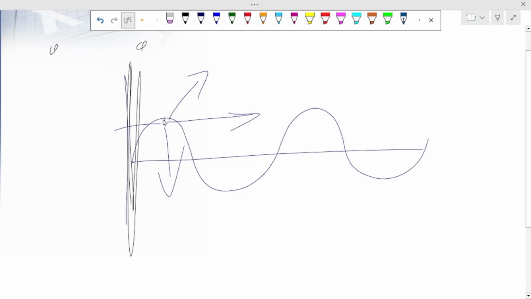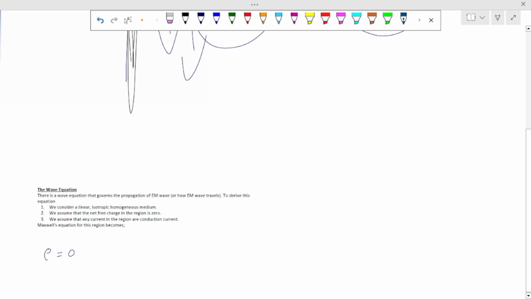If you go to another point and measure to any direction, you will get the same value. So the kind of space that the wave travels through, any point in that medium that we take and measure to any direction, we are going to get the same result. To the y direction, same result. Measure to the x direction, same result. That's isotropic.